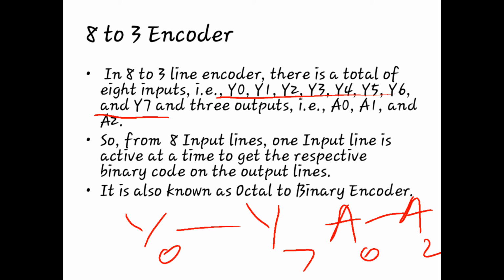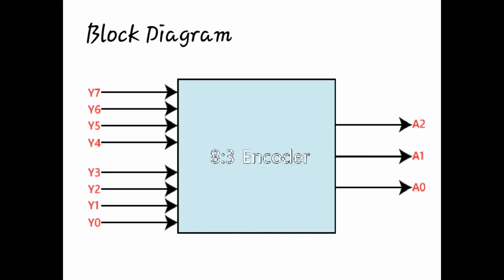Octal to binary means that we have 8 input lines, and corresponding to those 8 input lines we have 3 output lines, which basically give a binary code over the A0, A1 and A2 lines. Now the block diagram is again very simple.